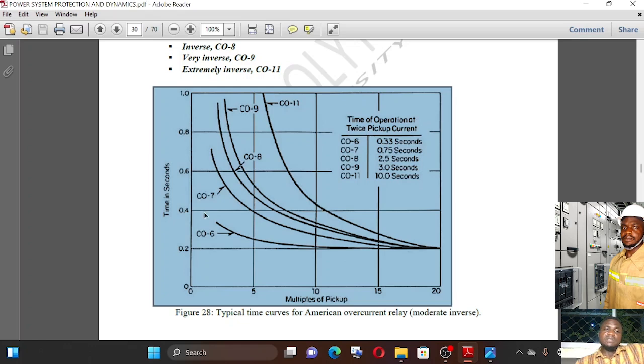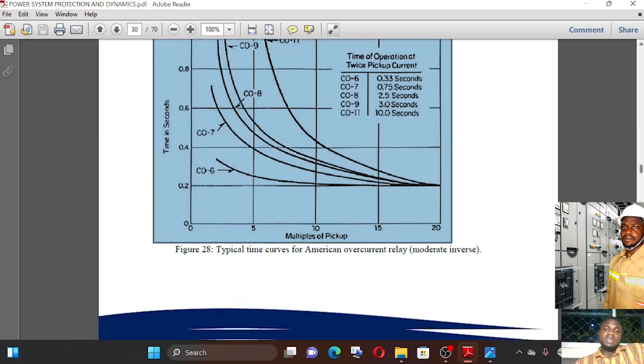The figure shows the time in seconds on the vertical axis and the multiples of the pickup current on the horizontal axis. Then here we have the time of operation for the various characteristic curves of the various types of overcurrent relay.